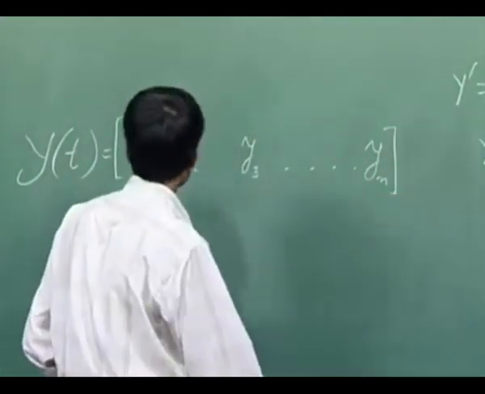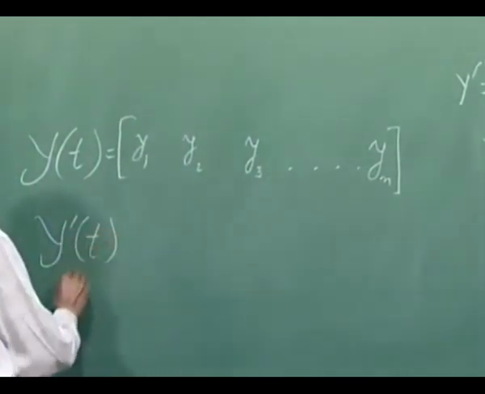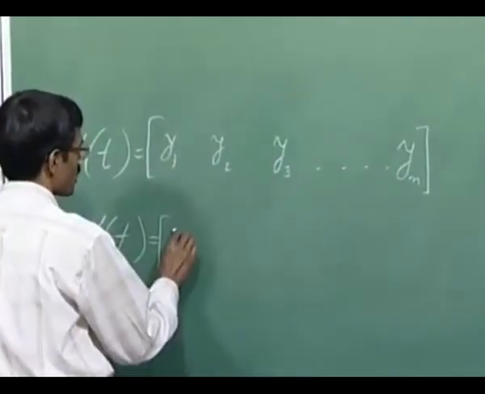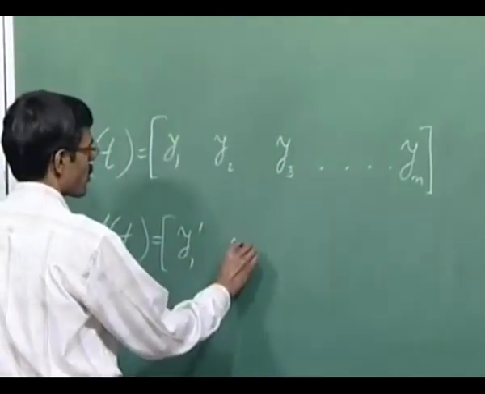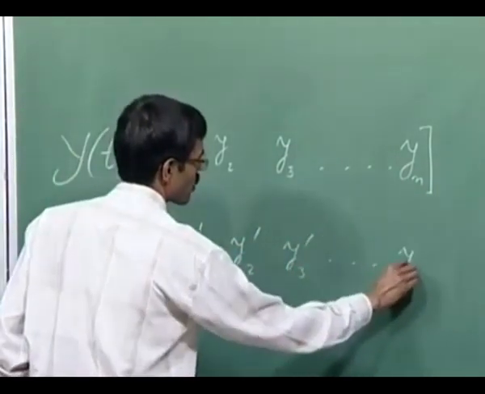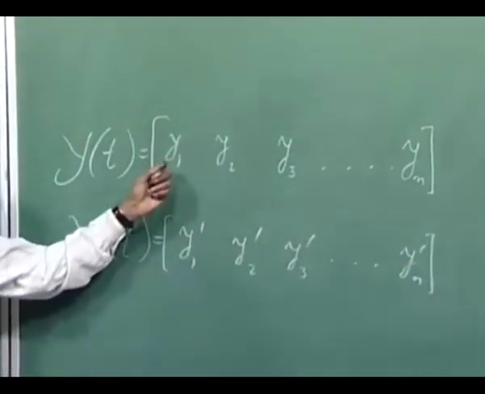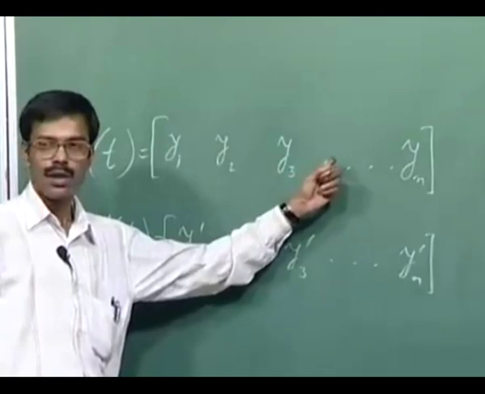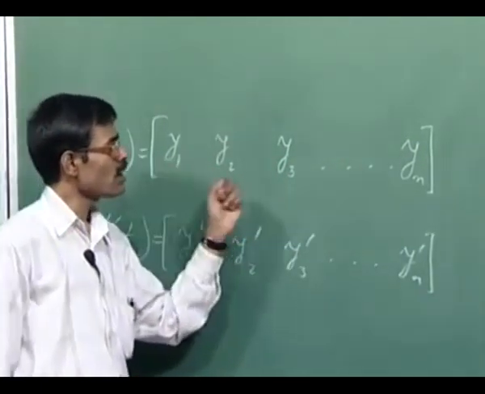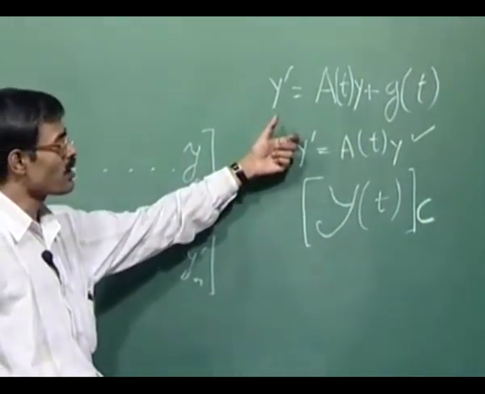Now, this y prime will be the matrix with columns as y1 prime, y2 prime, y3 prime and so on, right. And now we know that each of these vector functions forming the columns of this matrix is actually a solution of the corresponding homogeneous differential equation, that is homogeneous system.